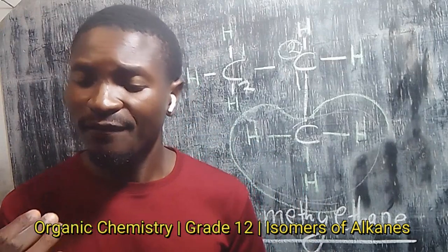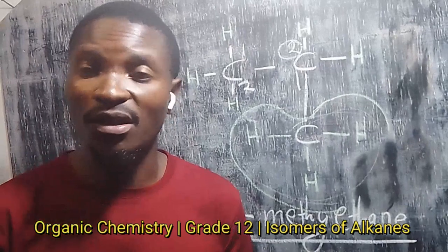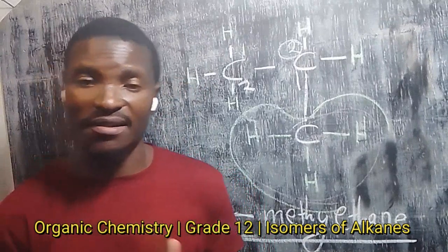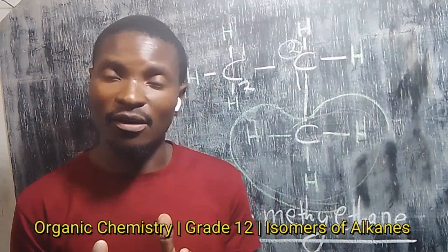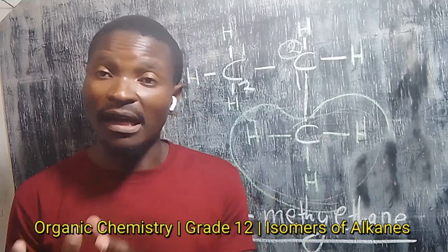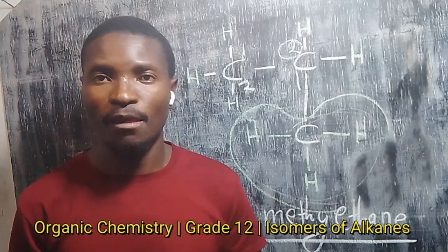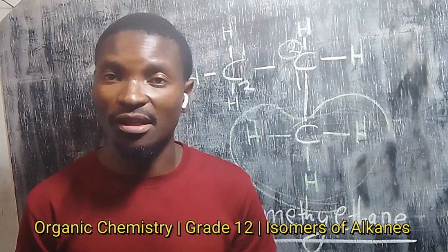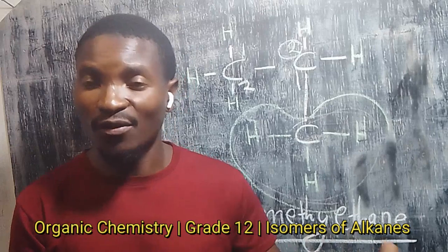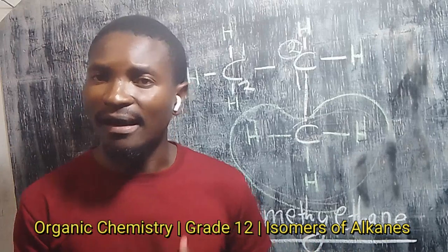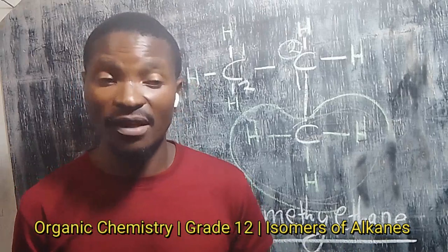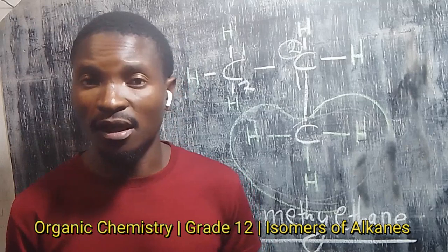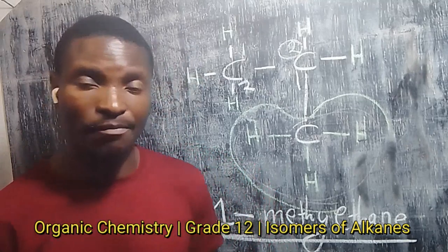One of the most fundamental things that you have to understand in organic chemistry, especially under isomers, is at what position of the carbon the branching is taking place. That position number is very fundamental as part of the name. These groups we'll continue talking about in the next videos that I'll share in the coming time.